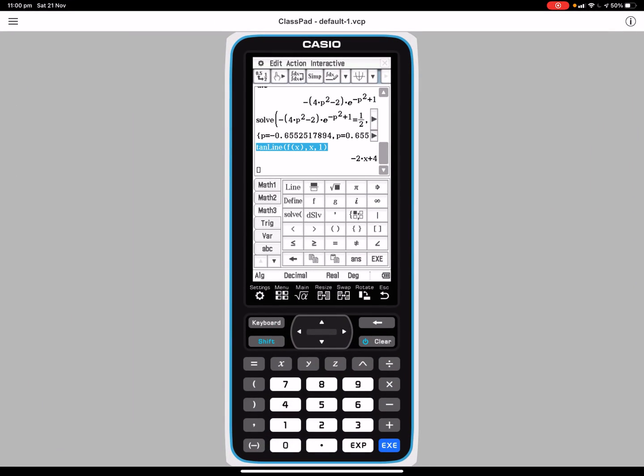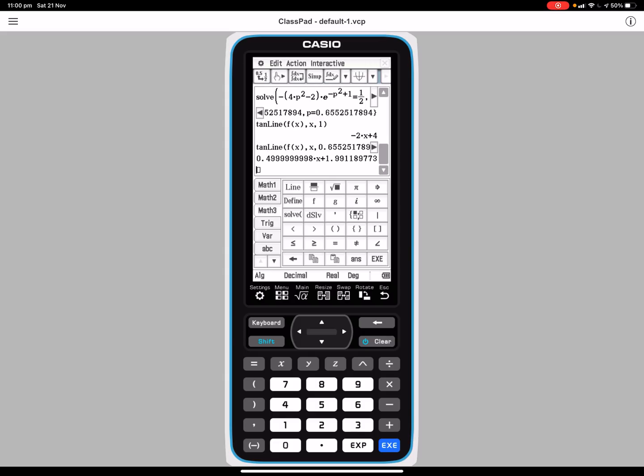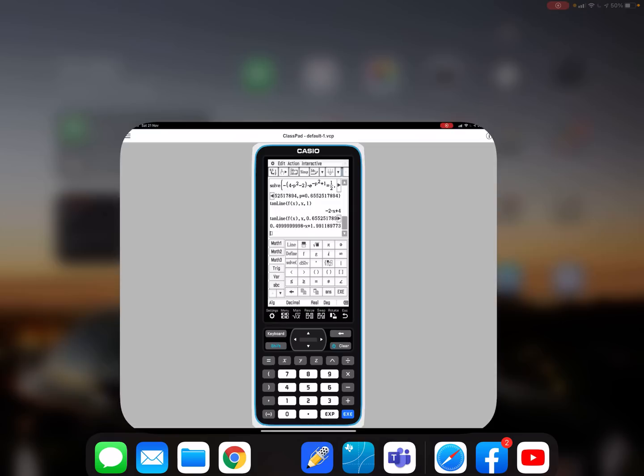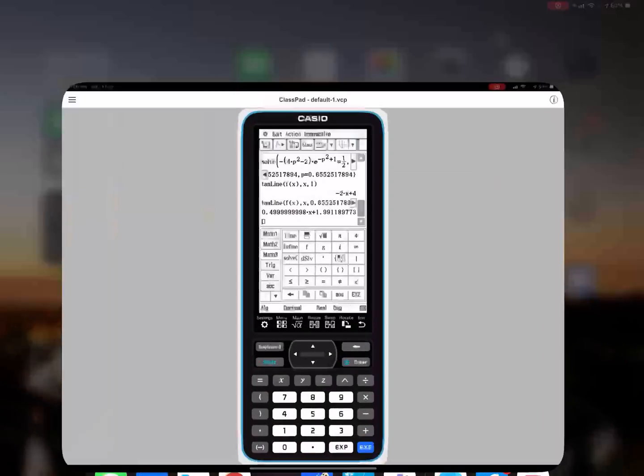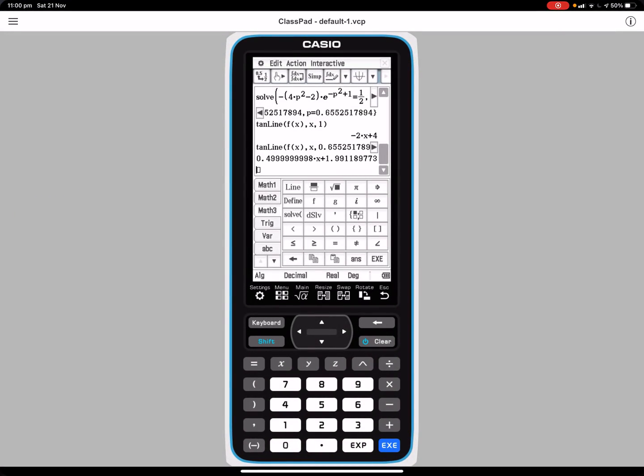If we do the same thing, but this time we do it at that value, we get a half x plus 1.99. I think it was 1, 1, wasn't it? 1, 2.